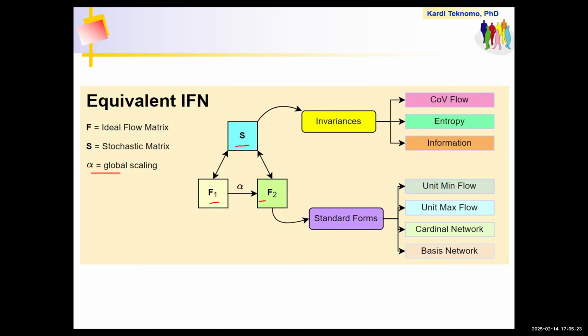Many of the performance measures do not change between the two ideal flow matrices, F1 and F2. Because of that, we can also create what is called a standard form. If the minimum is 1, we call it unit minimum. If the maximum is 1, it is unit maximum. If all are integers, we call it an alternate network. If the total is 1, we call it a basis network, and so on.